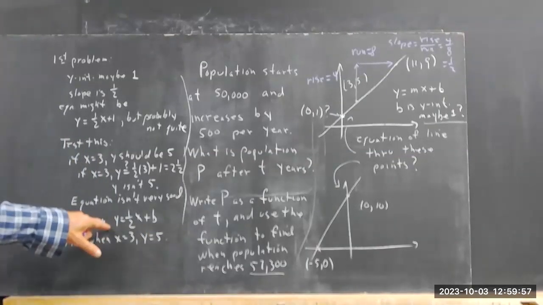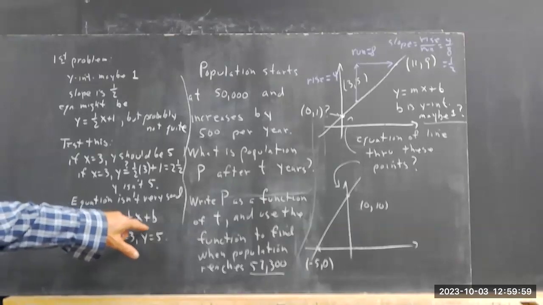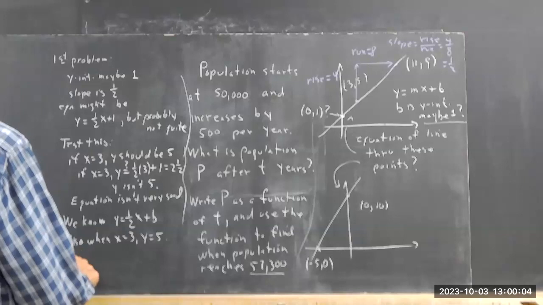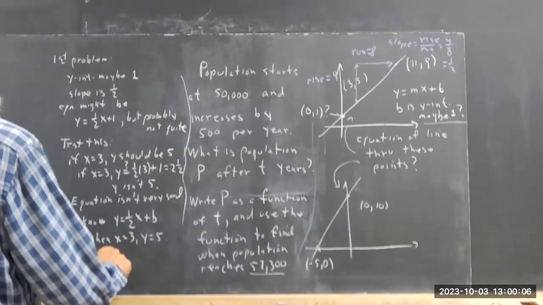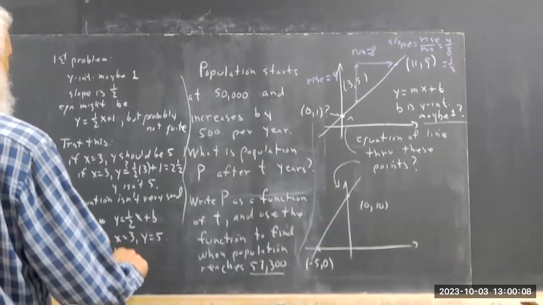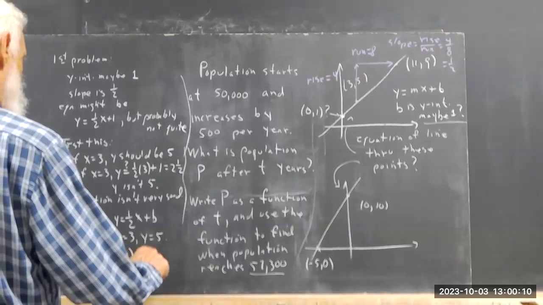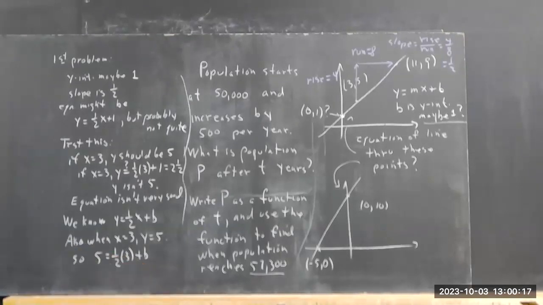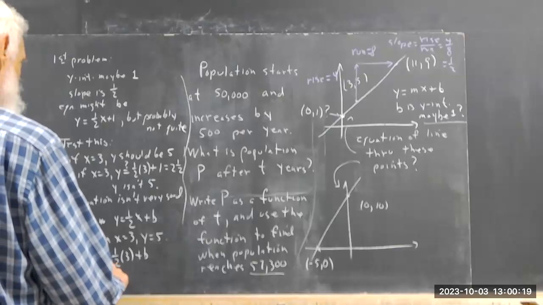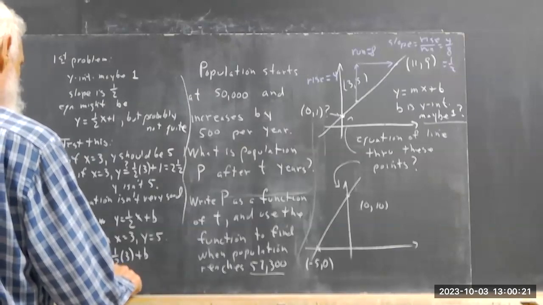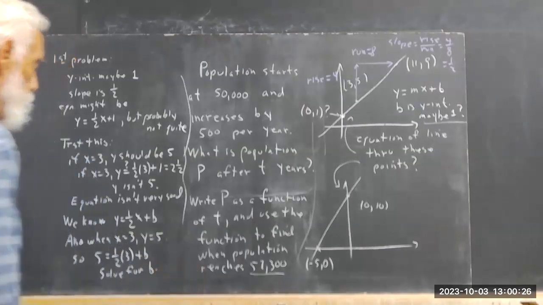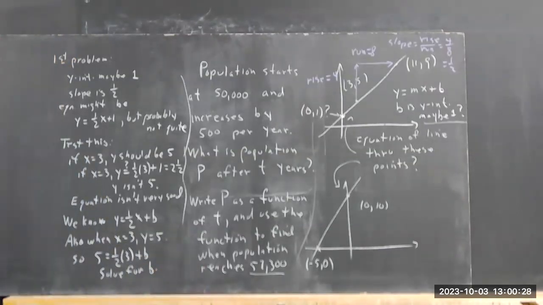Well, that means we can replace y by 5 and x by 3 and figure out what b is. We get 5 equals 1/2 of 3 plus b, and we can solve for b. I'm not going to do the solution. You can do the solution.